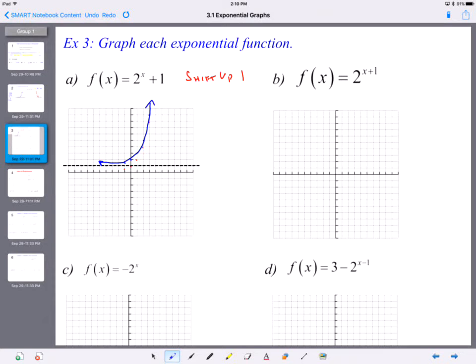On B, we got 2 raised to the x plus 1. So that is changing the x value, which means we are shifting 1 unit to the left, because it's x minus negative 1. So 1 unit to the left.